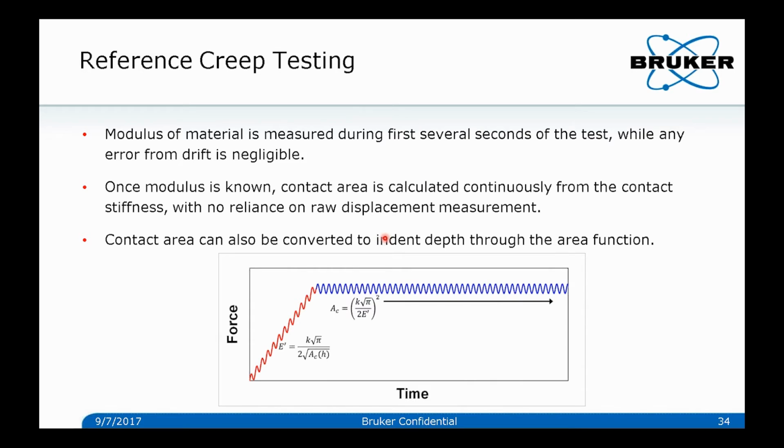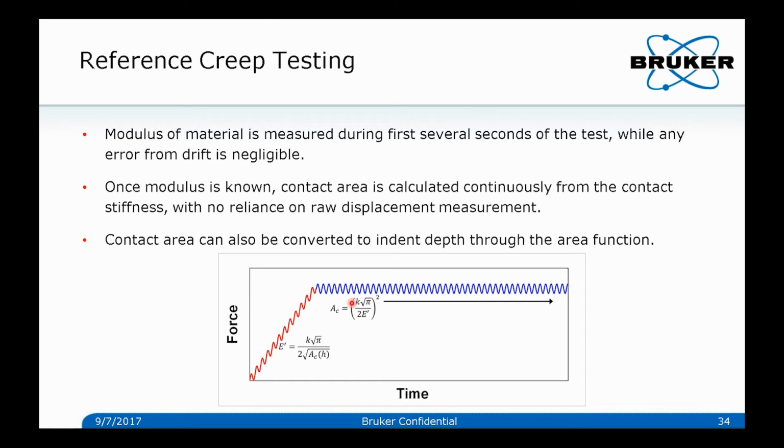So this reference creep technique starts by having this red segment where you are ramping up the force and doing this oscillation. We use this red segment to measure the modulus of the material. And once you have measured or calculated the modulus, then we go into the blue segment where we're holding the force. We're continuing to oscillate.